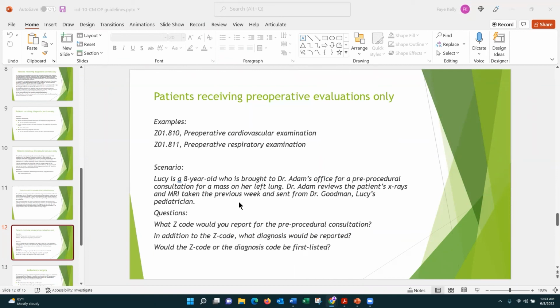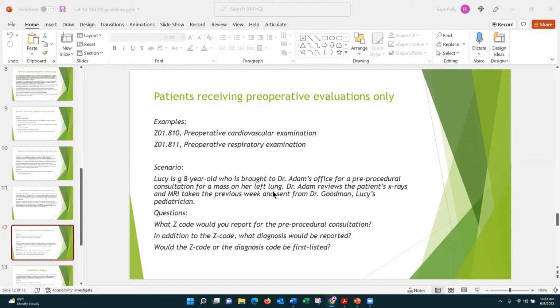So you want to look in your Find a Code, Z01, and you want to go ahead and just look through that. Just get familiar with what all is in that subcategory. Because this patient has a lung mass.